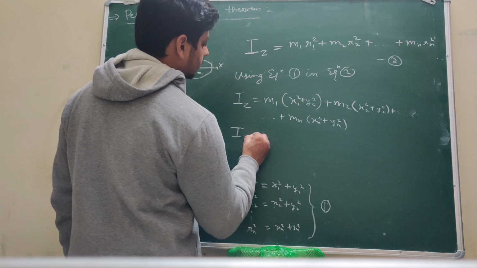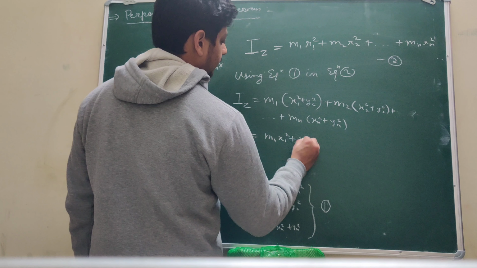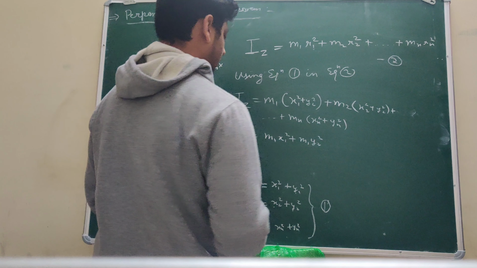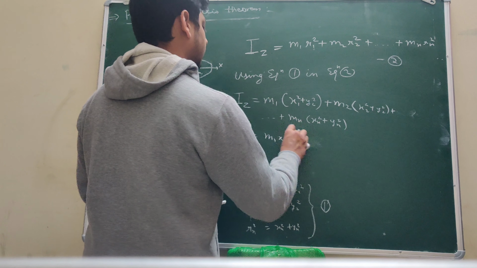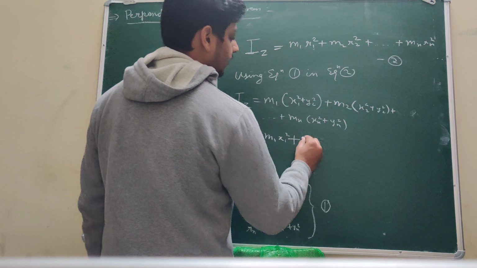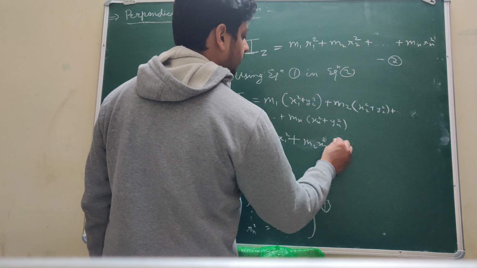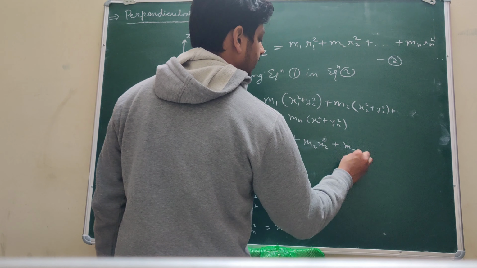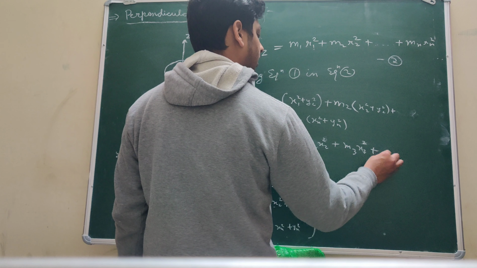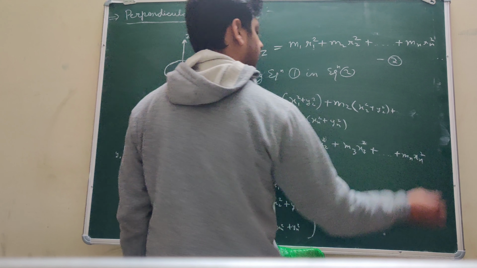Now Iz is equal to m1 x1 square plus m1 y1 square. From here m1 x1 square, and from the next term m2 x2 square, and from the third term m3 x3 square up to mn xn square.